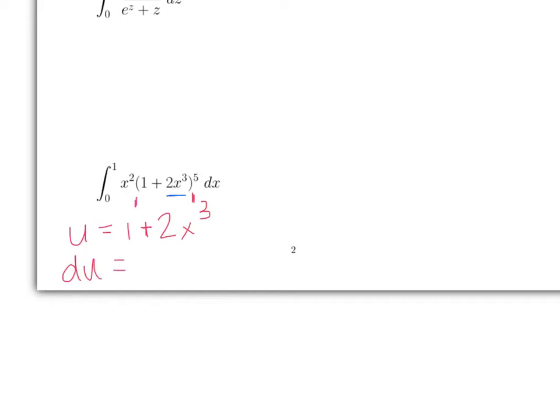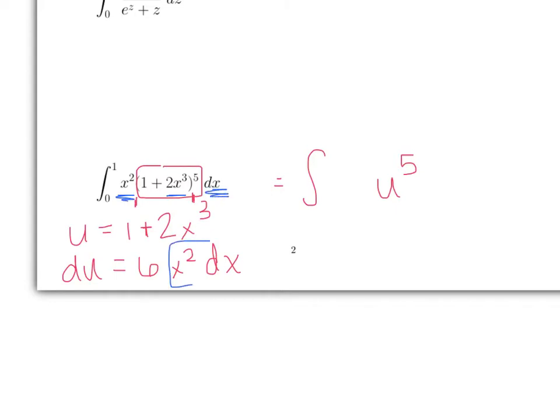So if this is your u, your du is going to be 6x squared dx. Okay, so when we're starting to rewrite this, this is going to be the integral of 1 plus 2x to the third, so that's u to the fifth, so that takes care of this part. And then what's left is just x squared dx.